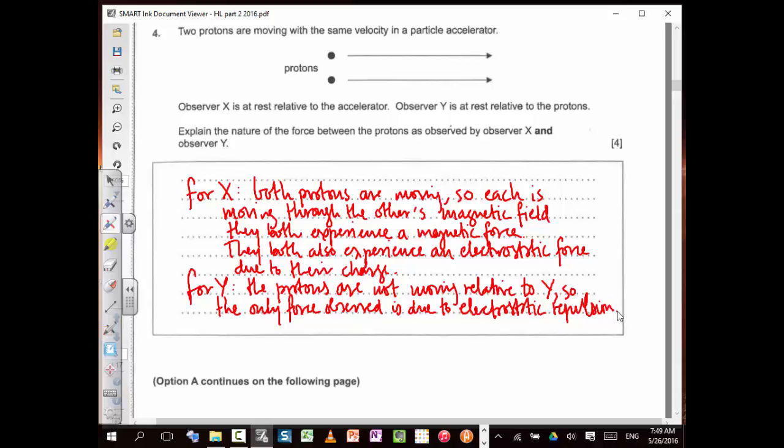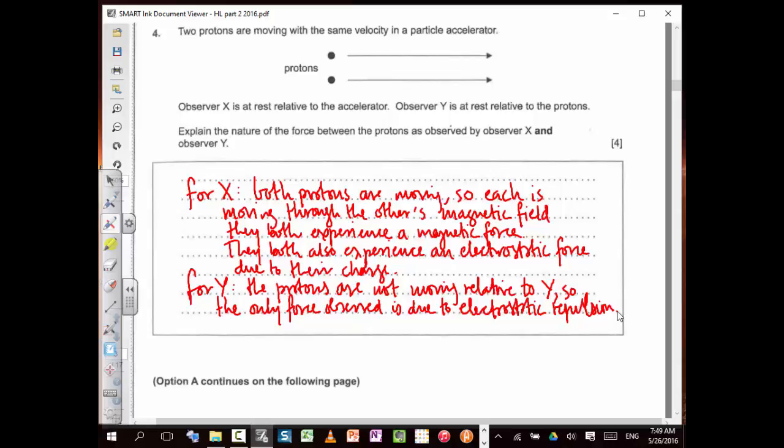Of course, both have to observe the same laws of physics, so they should vertically move in the same way relative to each other. And so the forces, the vertical forces, should really be equal. This can be explained. We don't need to do that for these 4 marks, but we can explain it.